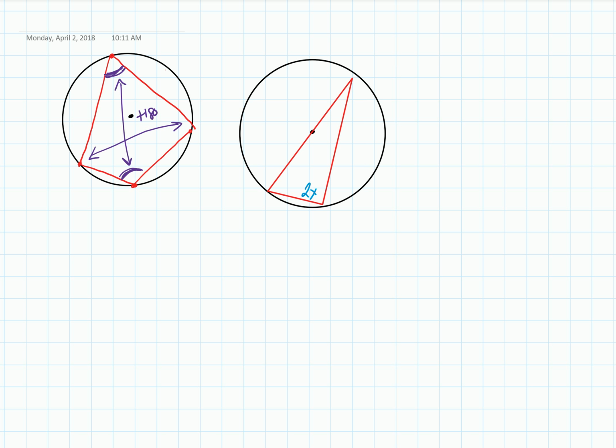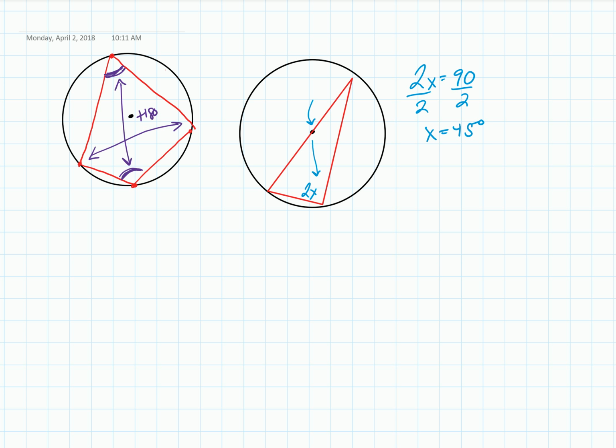Well, according to Theorem 10.12, because one of the sides of this triangle is the diameter, the angle that is across from it must be 90 degrees. So I know that this angle right here is 90 degrees. So all I need to do now is divide by 2, and we can see that x must be 45 degrees. And there's not too much involved in that particular problem.